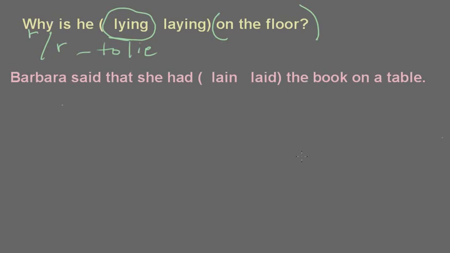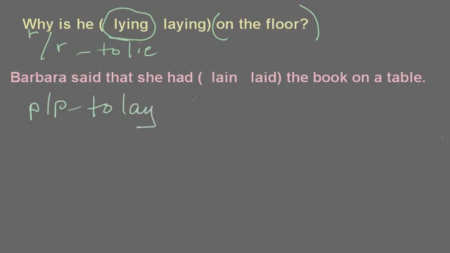Next one. Barbara said that she had laid the book on the table. There's that weird one, lain, that you're not comfortable with, but that's all right. Let's see if we mean put or place or rest or recline. Barbara said she had put the book on the table. Bingo! We don't even have to go any farther. This is a put or place, which means it's a form of to lay.